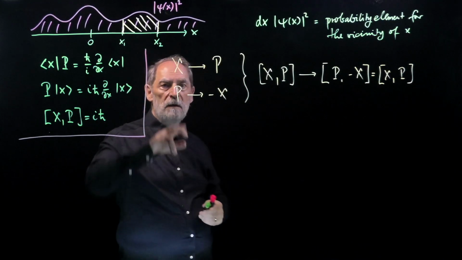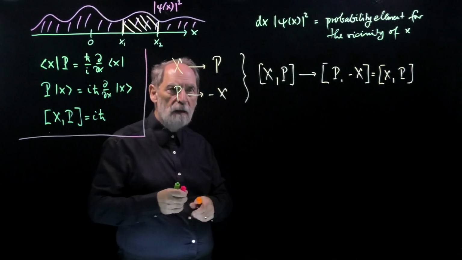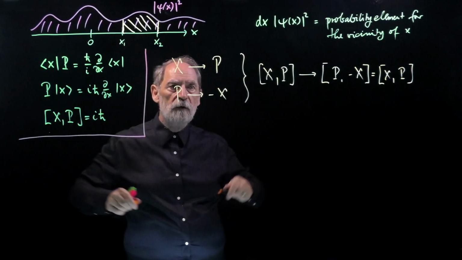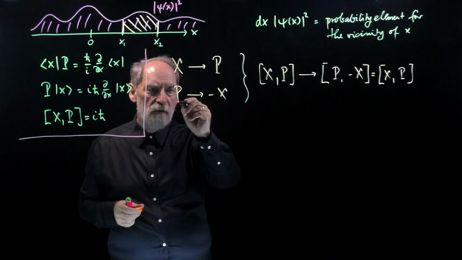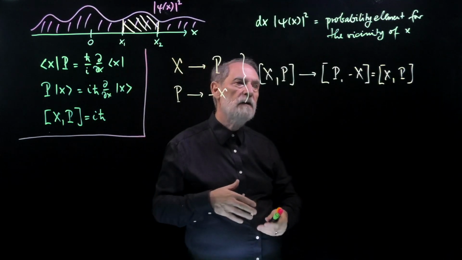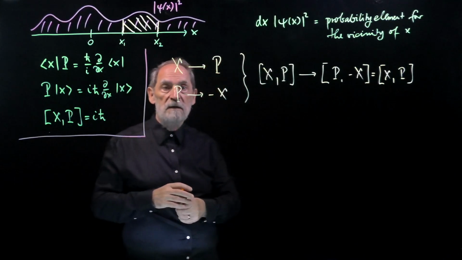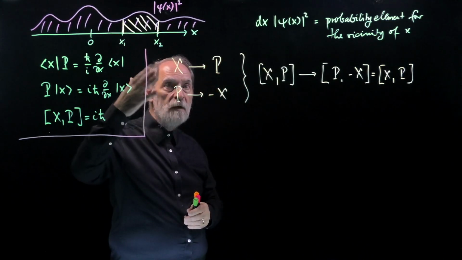So if I have x and p, then I convert x into p and p into negative x. I get a new set of operators by this transformation, which are just as good as the original x and p. But that means that x and p are on equal footing.